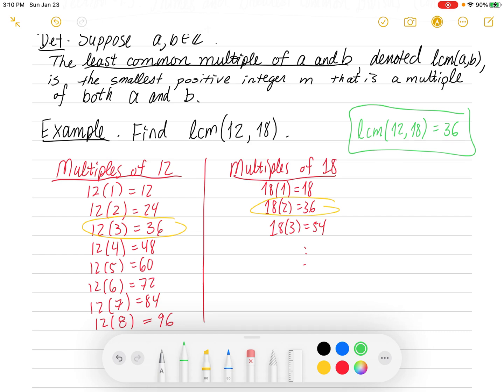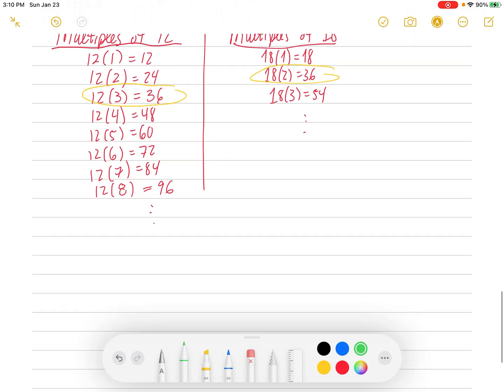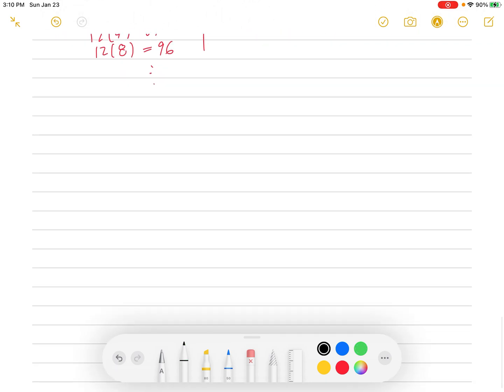Now, if we had some really big numbers, it would probably take all day to search for multiples. So we're going to find a more efficient path, and we're going to look at a technique for doing that. Here's an important fact.